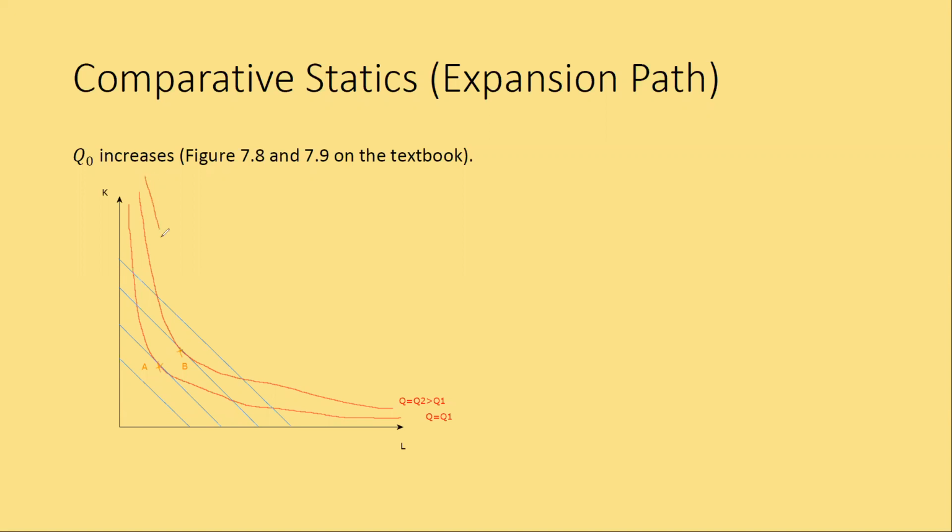So even higher isoquant, which is Q equals Q3, and that's even higher than Q2. Well, we have a new optimal point that's over here. And let's call this point C.